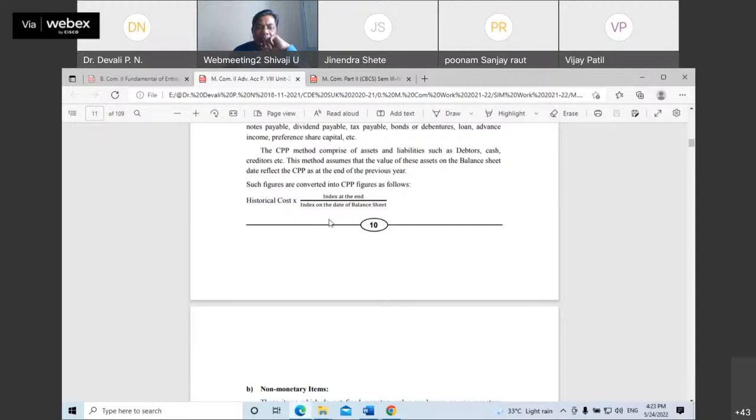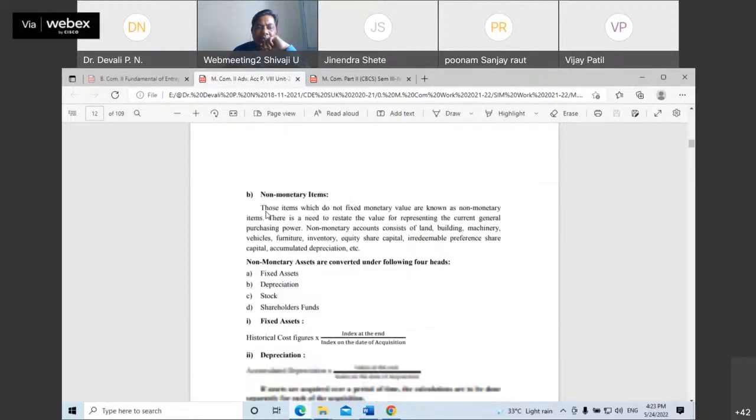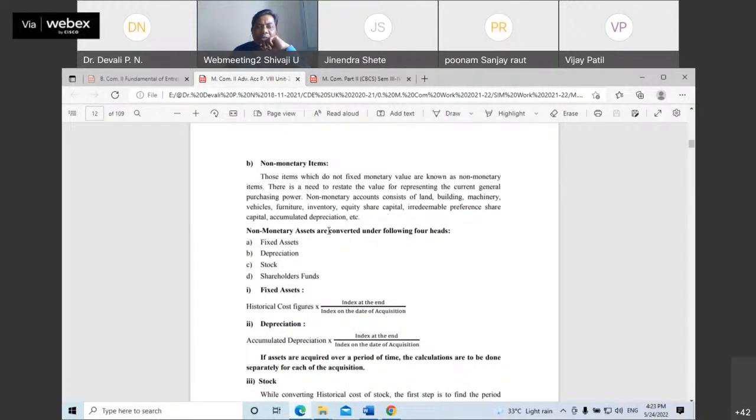This is one part. Secondly, we have the non-monetary items. What are non-monetary items? Those which do not have a fixed monetary value are known as non-monetary items. Whatever is not considered under the heading of monetary is called non-monetary.